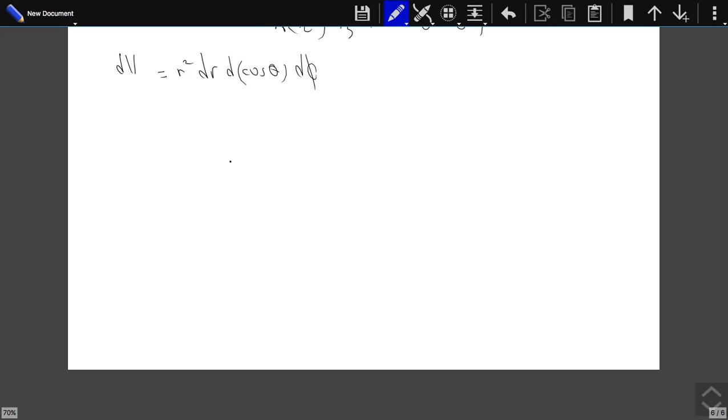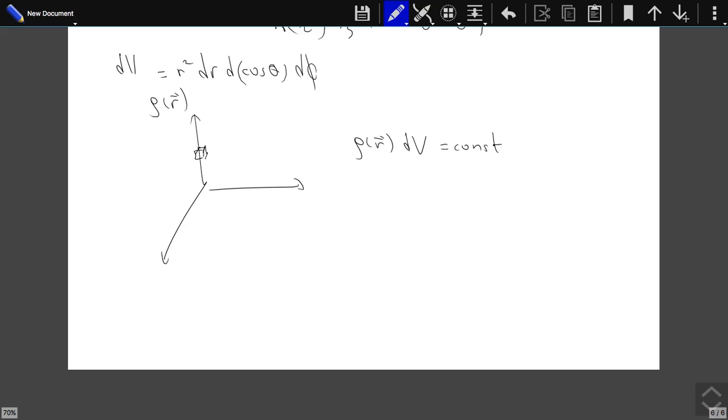Well, let's see. We have this rho of R. Let's consider some very small volume over here on the z-axis. So rho of R times dV should be constant.